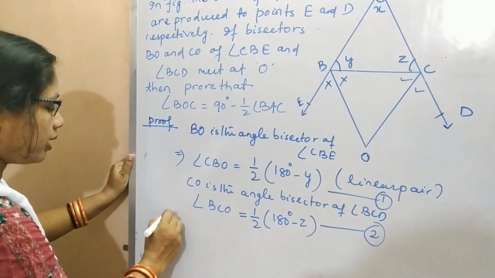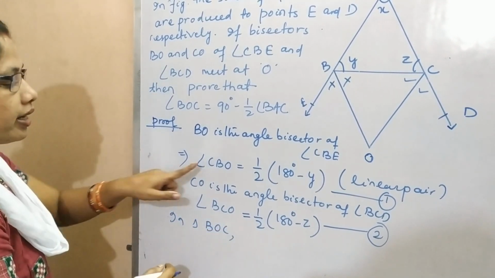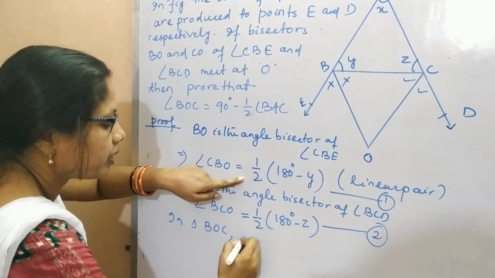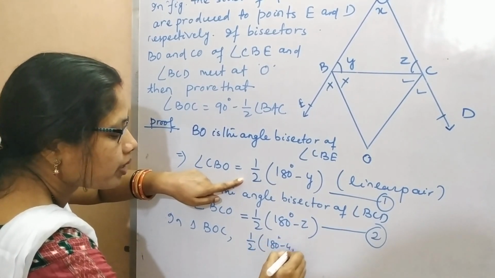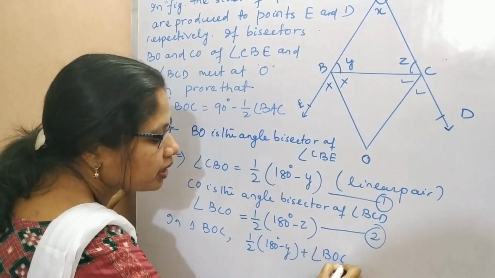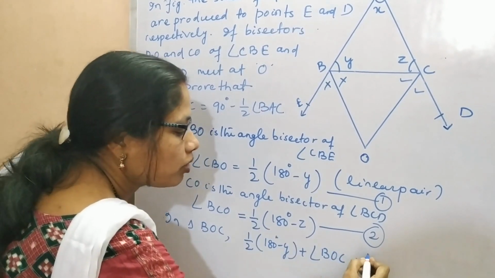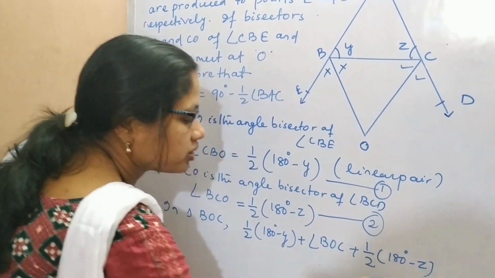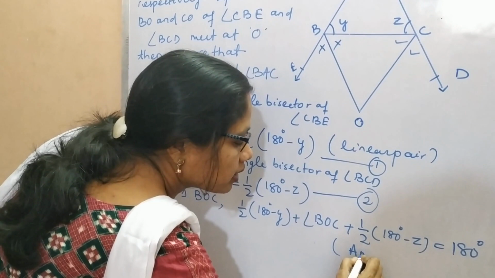So in triangle BOC, angle CBO, we can put this value, half of 180 degrees minus Y, plus angle BOC plus angle BCO, this is the value of BCO, half of 180 degrees minus Z, is equal to 180 degrees. So this is the angle sum property.